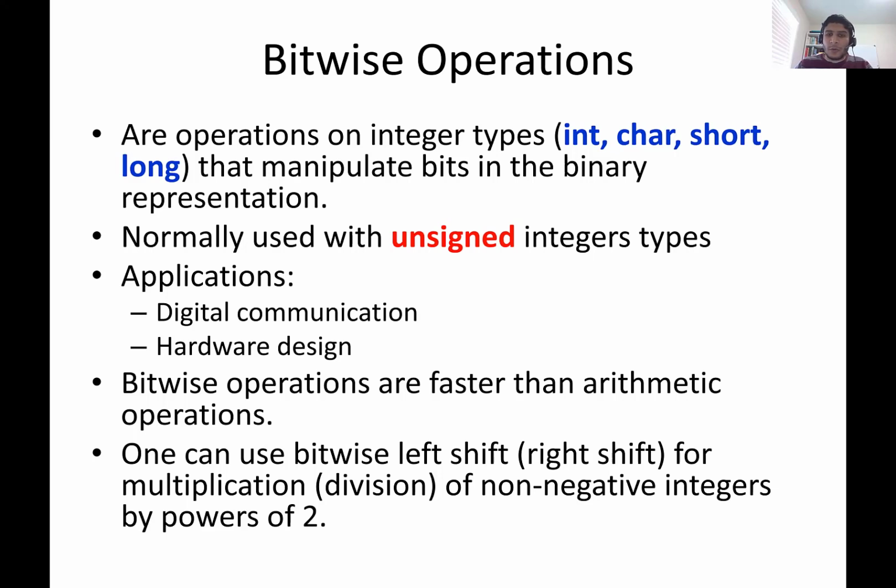So how can I do multiplication without using a big multiplier circuit? You can just shift a number to the left. We will see what we mean by this, but if you understand binary representation, a simple shift gives you the multiplication operation. On the other hand, if you want to divide, shift to the right, and you are dividing by 2.